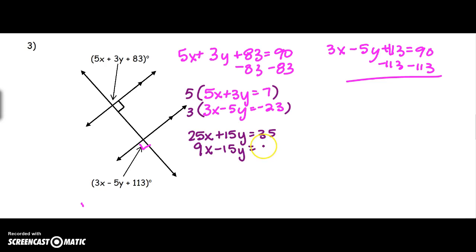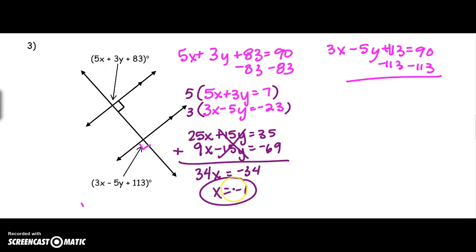And 3 times negative 23 is negative 69. Okay, so here these will cancel, and you have 25 plus 9, and that gives you 34x, and then you have negative 69 plus 35, which gives you negative 34. So x is negative 1.